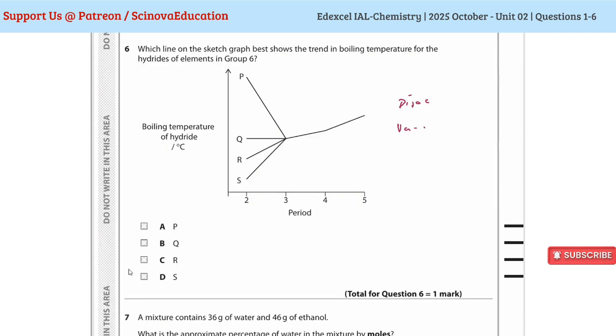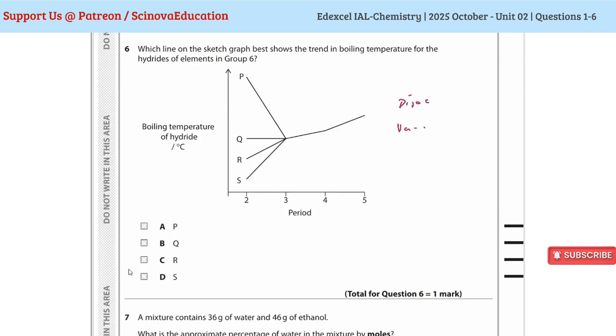Therefore, we expect a general increase, because when you go down the group, the size of the group 6 atom is increasing, so more van der Waals interactions are expected.